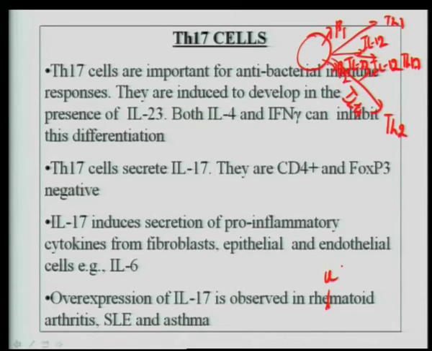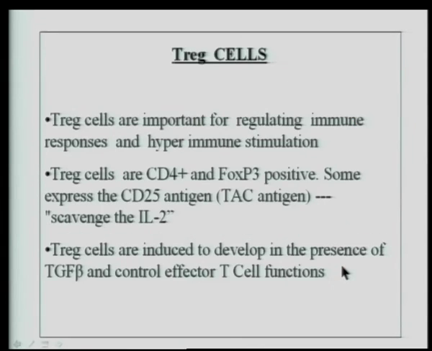Then of course, you go on further to look at a different kind of T helper subset. Now you had three subsets of T cells called the Th1, the Th2, the Th17, and now you have the Treg cells. These are regulatory T cells, which are basically meant as a regulator of immune responses.